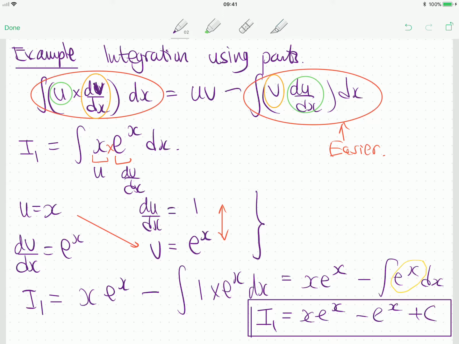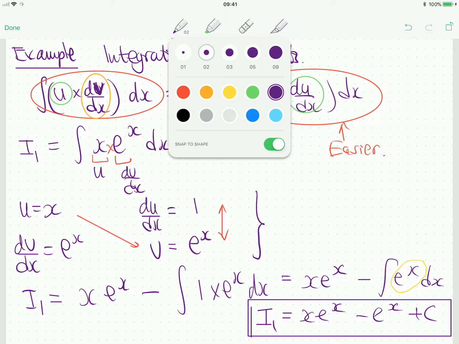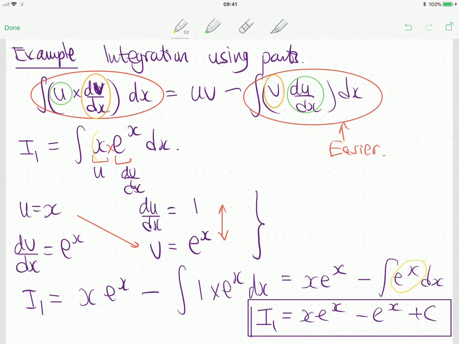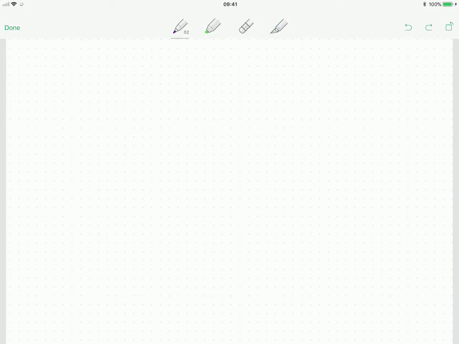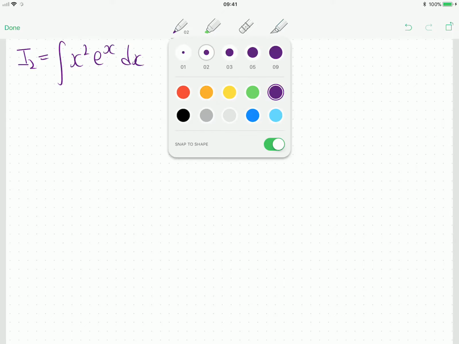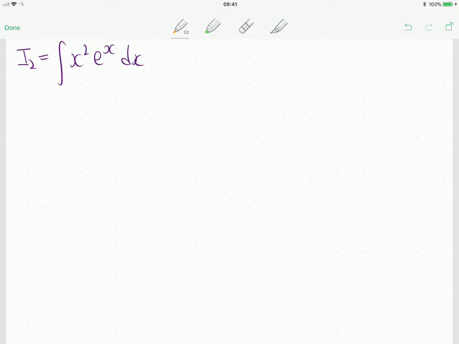Okay, let's develop this a little bit further. What if we change the x to something else? What if we have maybe an x squared there? Let's try that. This is slightly harder. Let's call it I2. Let's integrate x squared e to the x dx. We're going to use parts again.